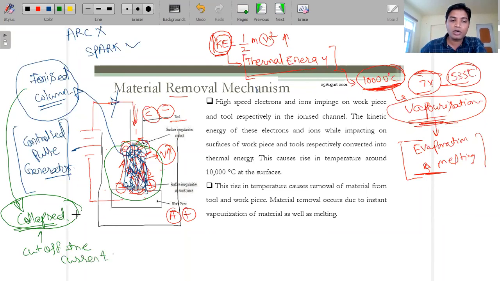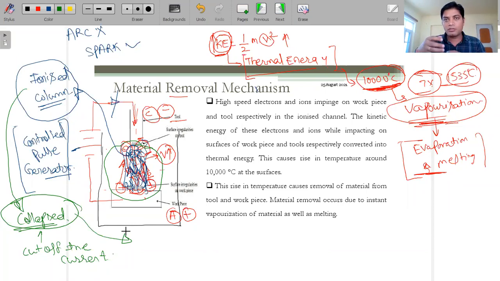As you cut off the current, this collapse takes place. This is the ionized plasma, it's not a single spark. It's not a single electron moving, a number of electrons are moving with very high velocity. So when this complete ionized column collapses, a pressure shock wave is generated.